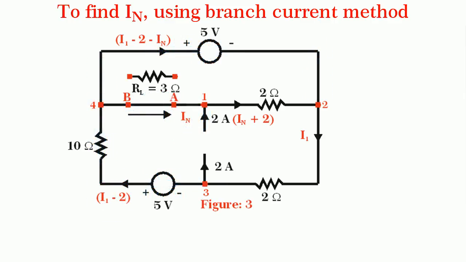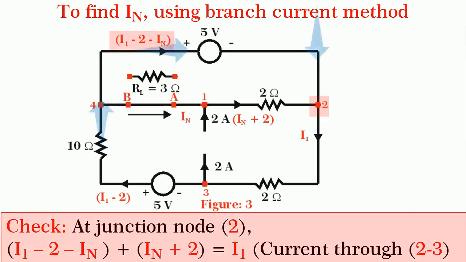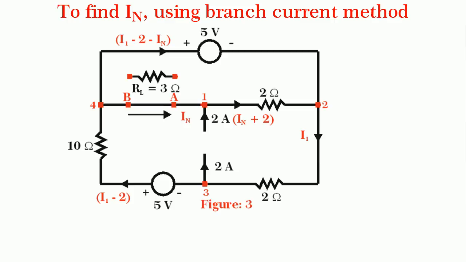Now let us check whether our equations are correct or not. At junction 2, if we find I1 minus 2 minus IN plus IN plus 2 is equal to I1, which is the current flowing through 2 to 3, it means all our branch current equations are correct.